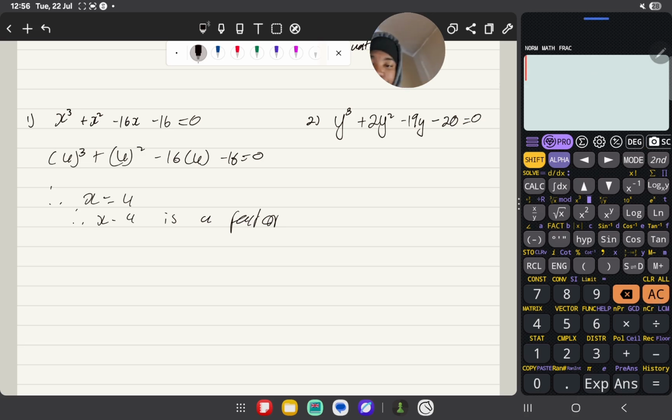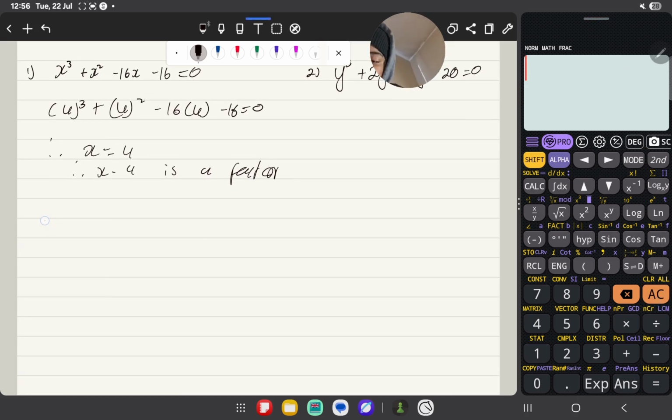So yeah, then you have x minus 4, you're factorizing, you're dividing now. So we're gonna use long division. I prefer long division to the synthetic method. Let's do the work here. x squared, x to the power of 3 minus 4x squared.